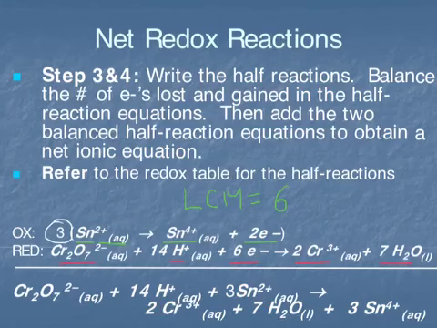Here on the left hand side we have minus 2, 14 positives, and 6 positive, for a total of 18 positive on the left hand side. On the right hand side we have 2 times 3+, so 6+, and 3 times 4 is 12+. 12 plus 6 is 18, so yes, our charges are balanced on both sides.